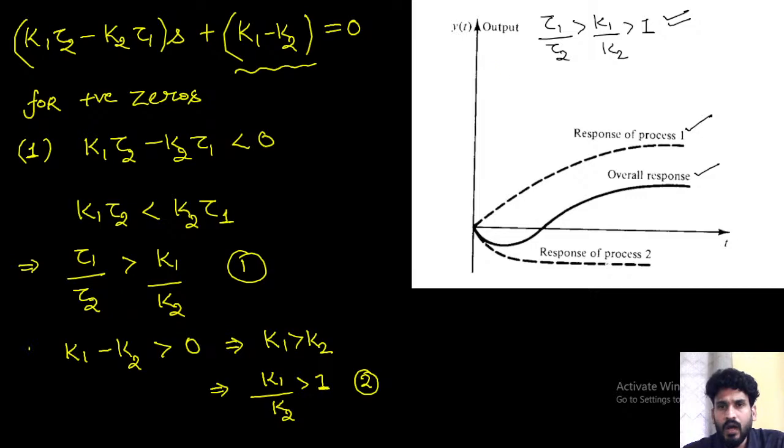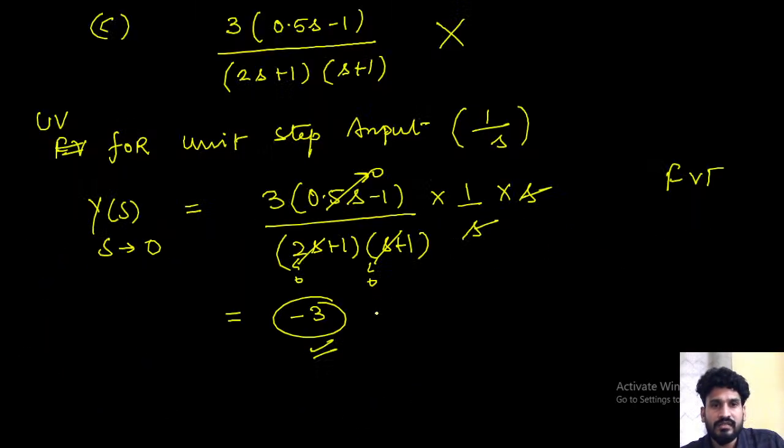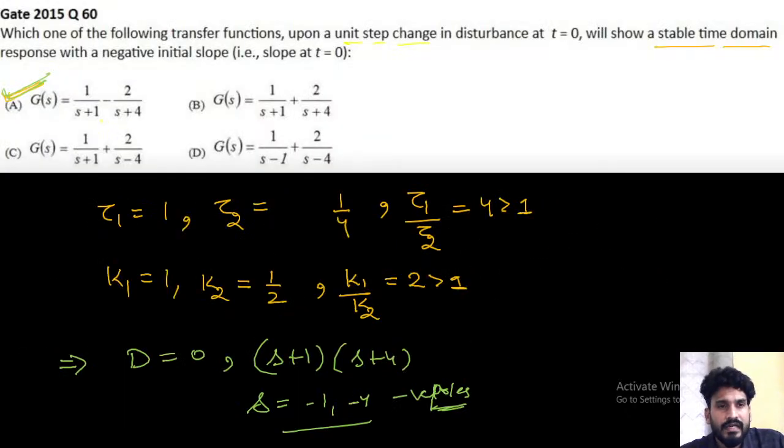Tau 1 divided by tau 2 is greater than 1, which means tau 1 should be greater than tau 2. So in the question itself, just see the tau only. Here it is 1 by 4, and this is 1, which is greater than 1 by 4.